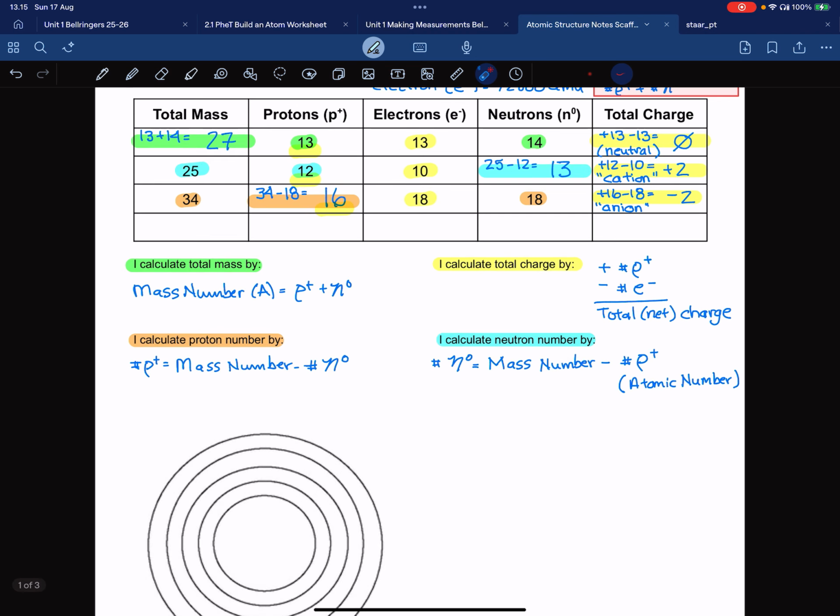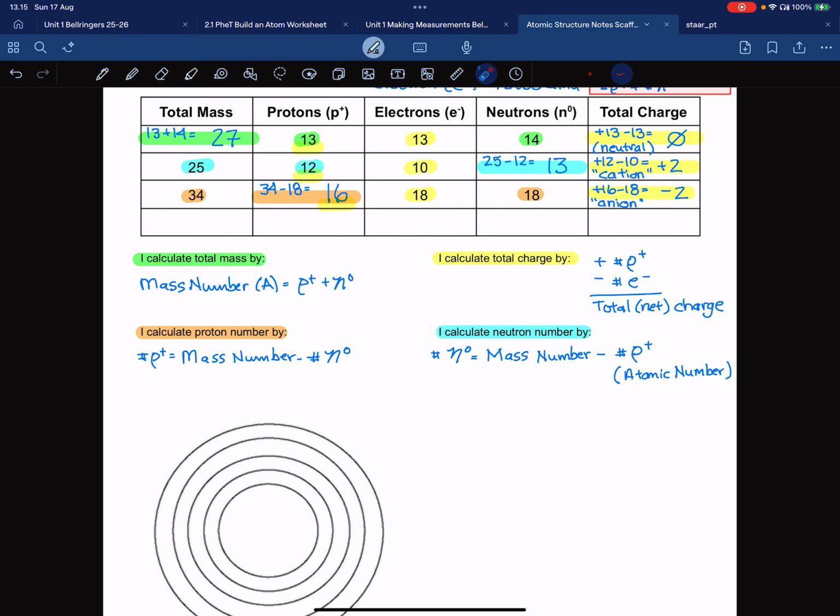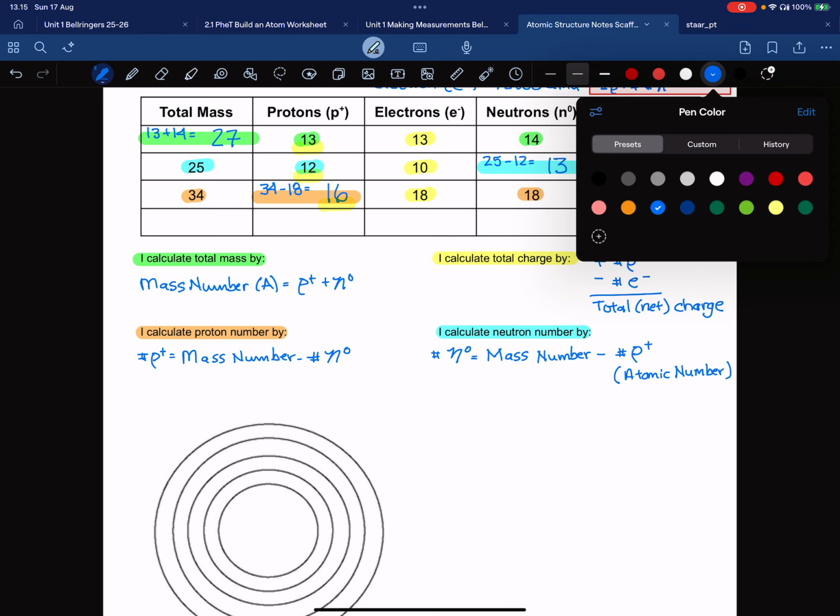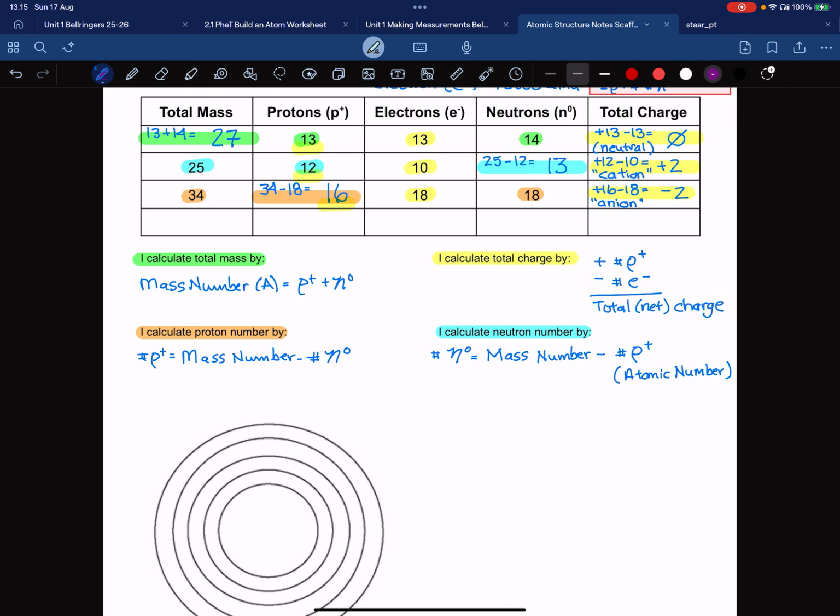Now, the final thing that we want to do is introduce something called isotopic notation. Isotopic notation is a way of writing things in symbols that puts everything in one symbol in an easy to understand piece.